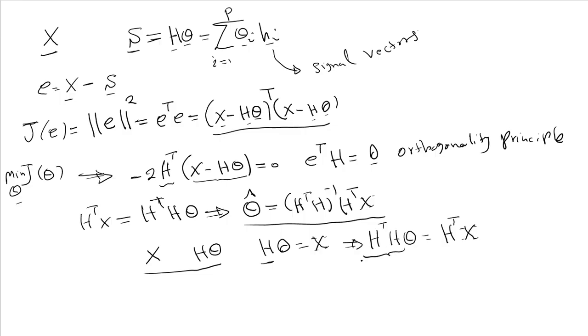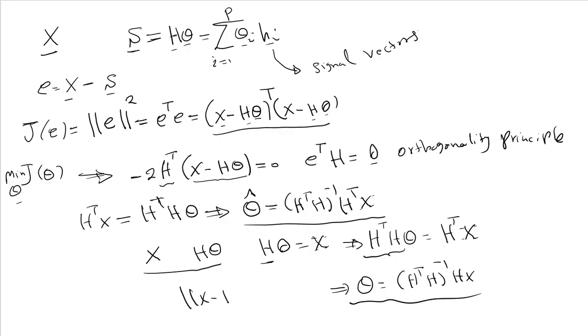And now H transpose H is a square matrix and I can take the inverse. So I will have (H transpose H) inverse H transpose X. This is the least squares solution of the norm of X minus H theta to the power of 2.